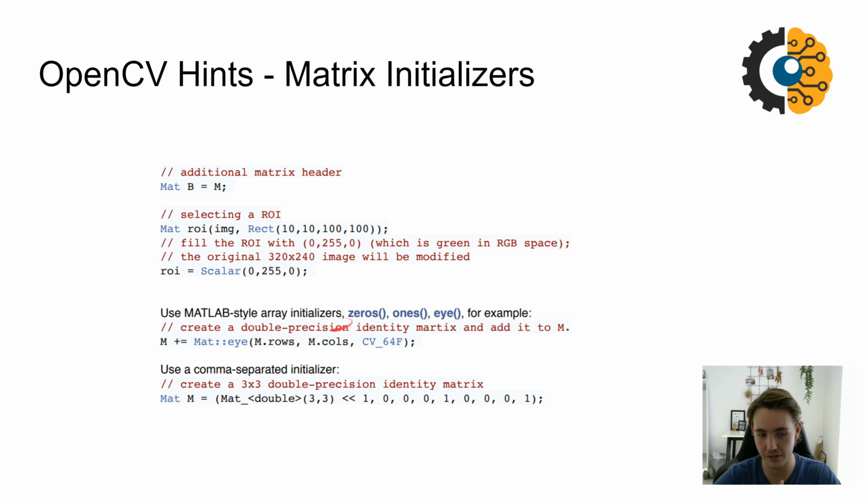For example, here we can create a double precision identity matrix and add it to M. So we can do these multiply and plus operations on matrices and images as well in OpenCV, which is really useful when we're going to apply filters and stuff like that, because when we're doing operations on images, it's mostly just linear algebra and matrix operations.